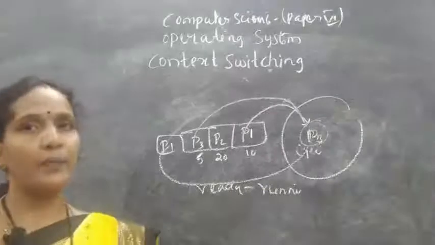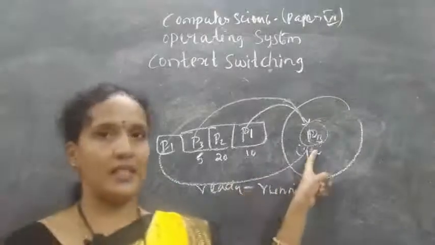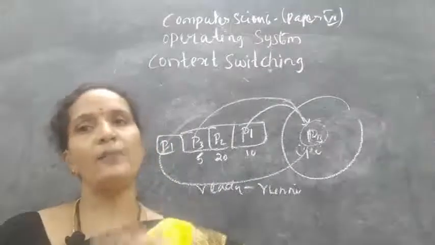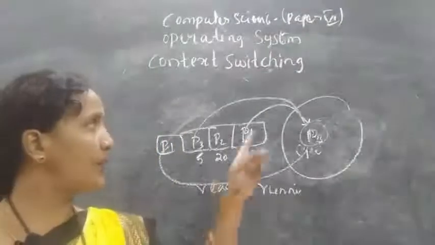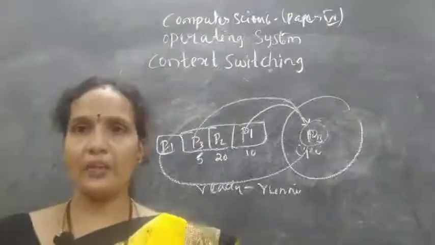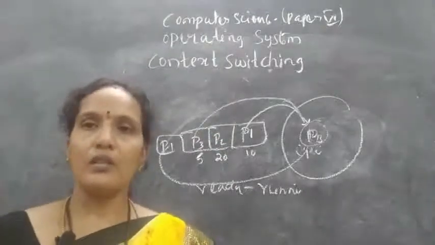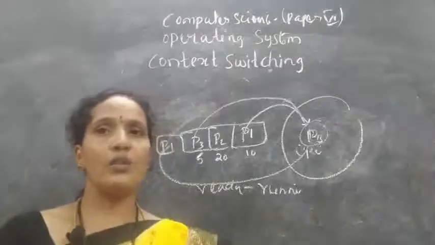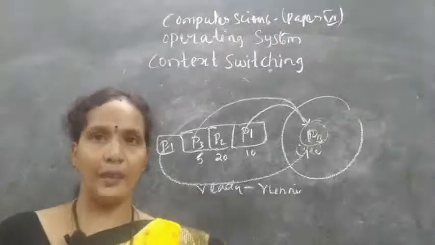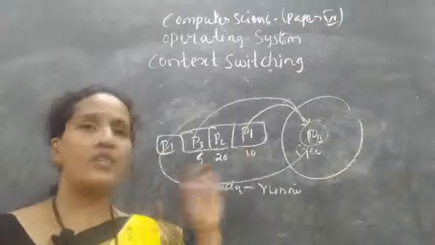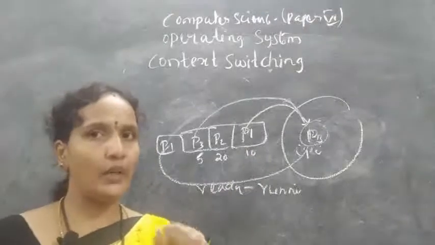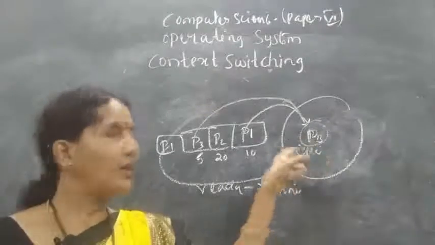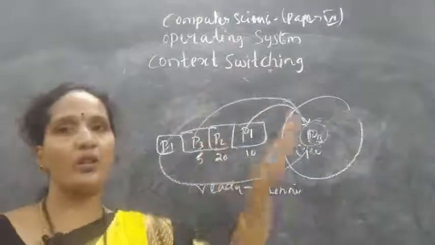The second one is when any process is waiting for input from input and output devices. For example, P1 wants some input value from the keyboard, meaning from the user. The user is giving a value, and till that time, instead of wasting CPU time, I will remove P1 from the processor and load P2 into the processor.